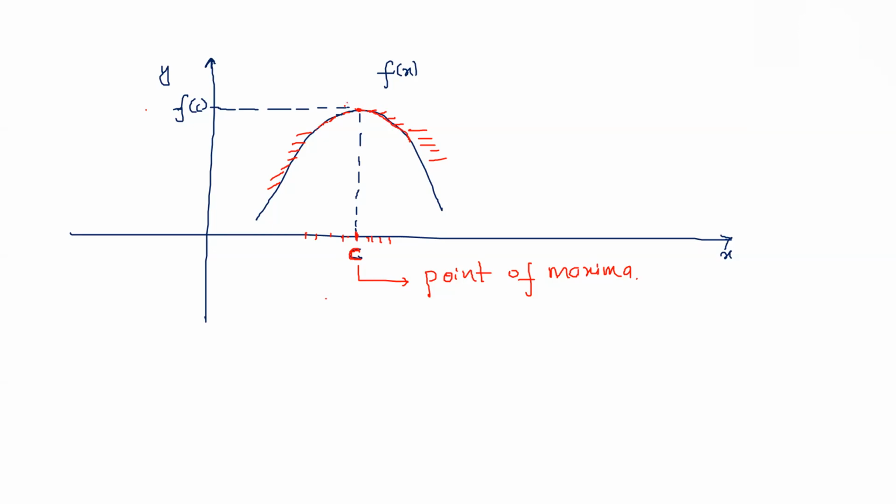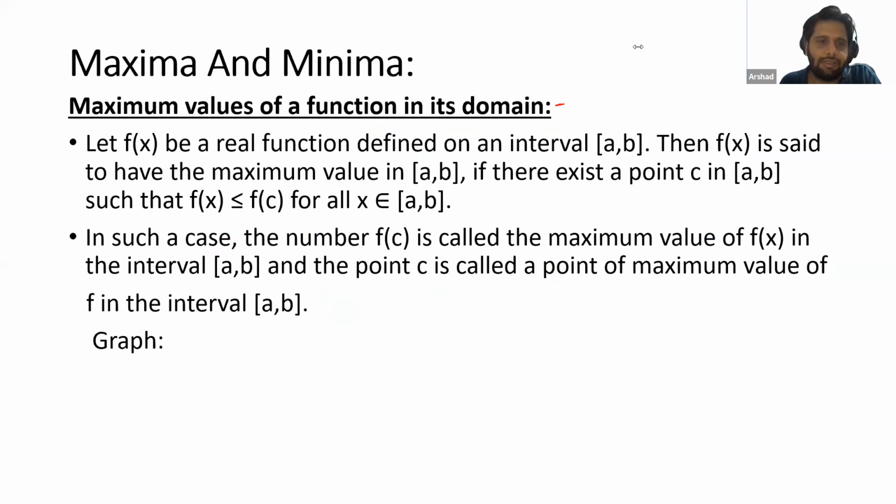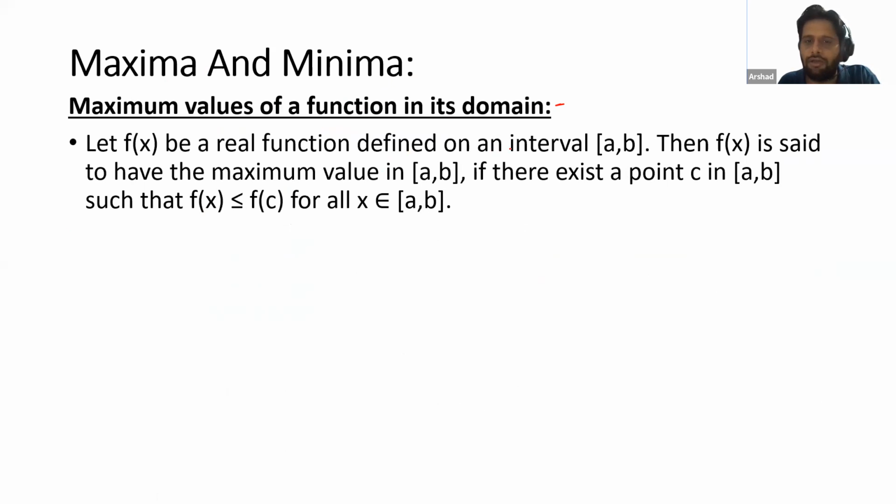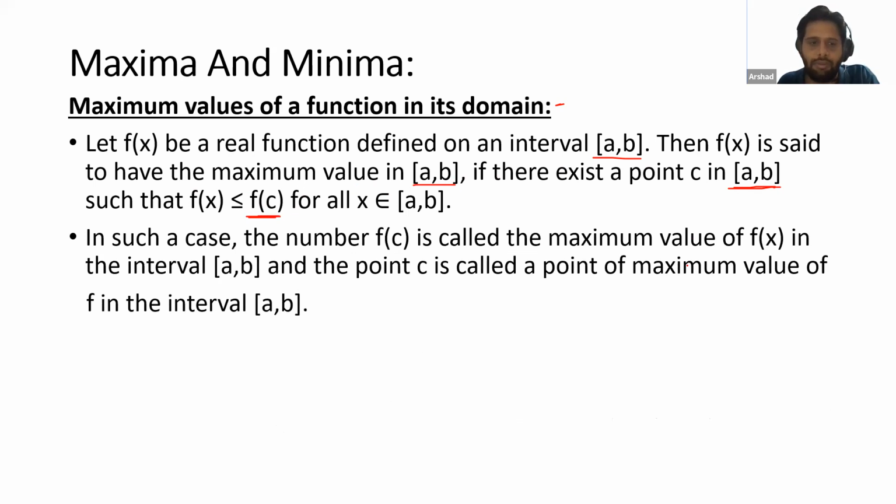So for this topic, it is better if you just remember this definition from the graph only. Now this is the complete definition. Let f(x) be a real valued function defined on this interval. f(x) is said to have the maximum value in this interval if there exists a point C in this interval for which f(C) is the maximum value. The same thing which I explained in the graph is written in this statement, but in a somewhat complicated form.